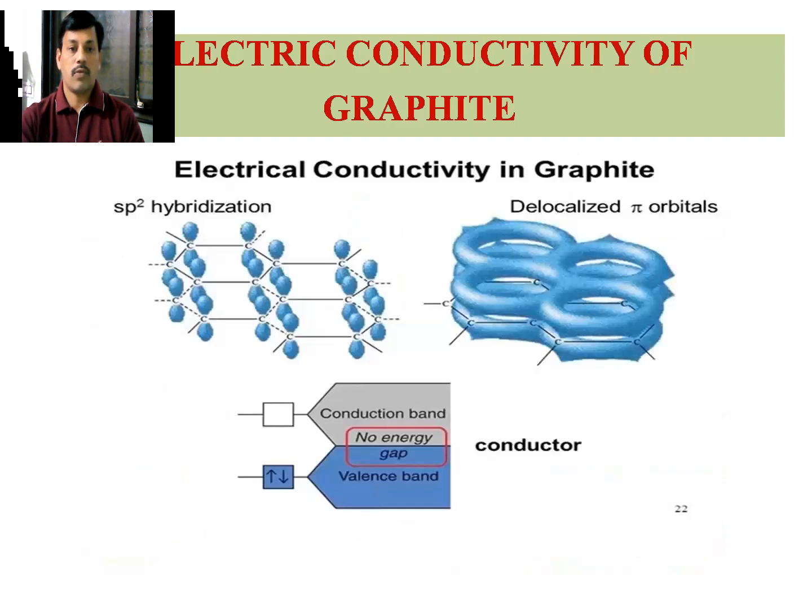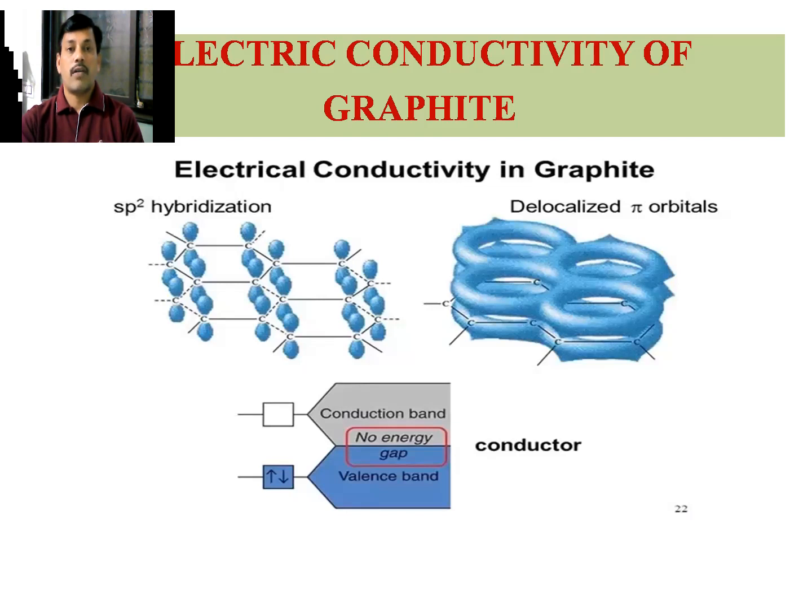Now we discuss the electric conductivity of graphite. See in this picture, graphite is a good conductor of electricity. It is because in graphite each carbon has sp2 hybridization. In this sp2 hybridization, each carbon is bonded with three other carbons, and one pi electron remains on each carbon.